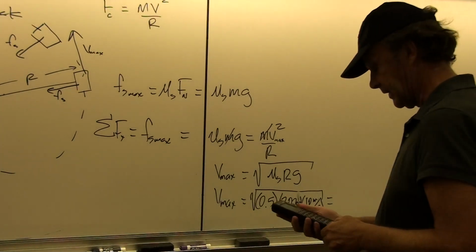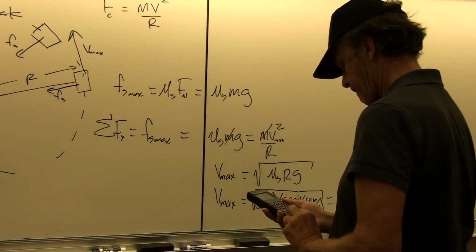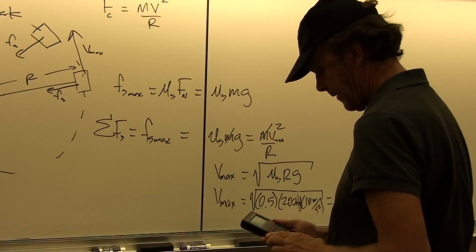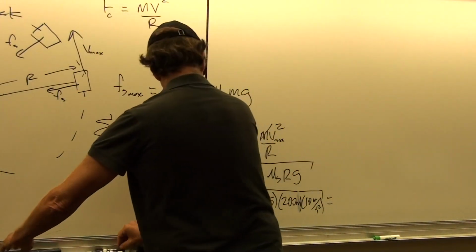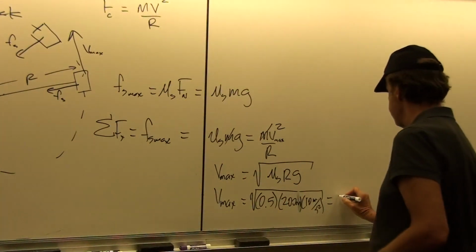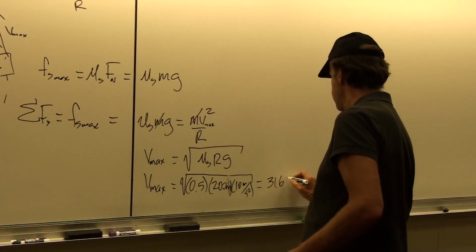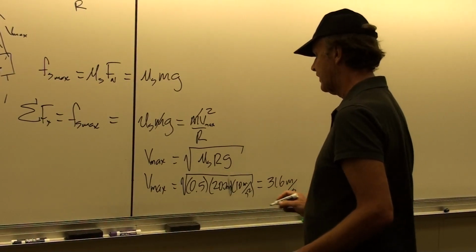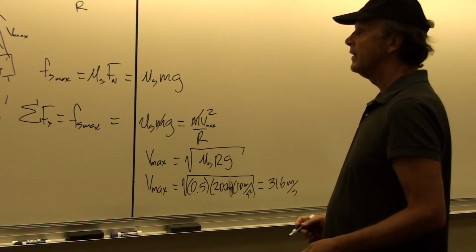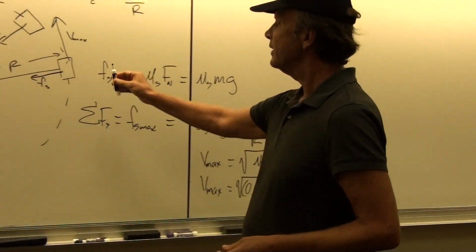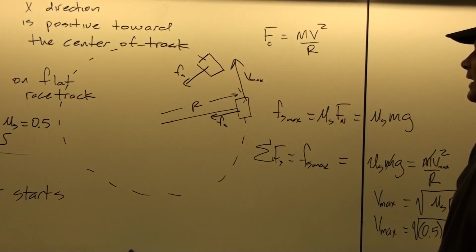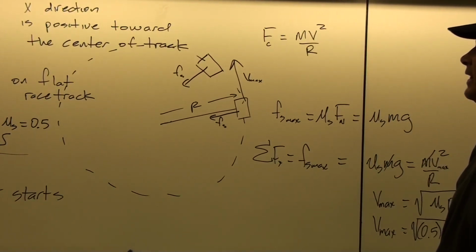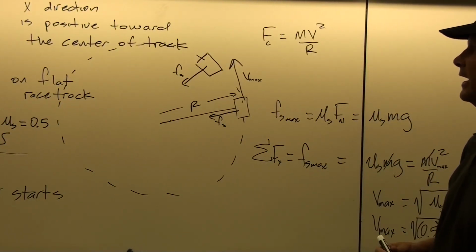Okay, so that's 31.6 meters per second. So that's the fastest speed that the car can go before the car starts to slide off the track. Okay, and so that would be for a flat race car track.